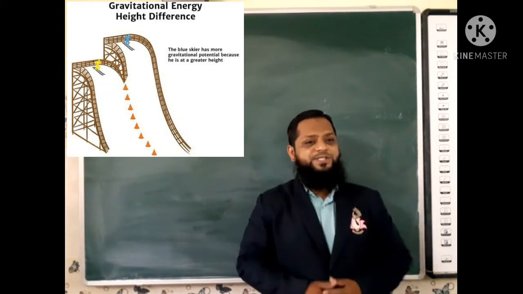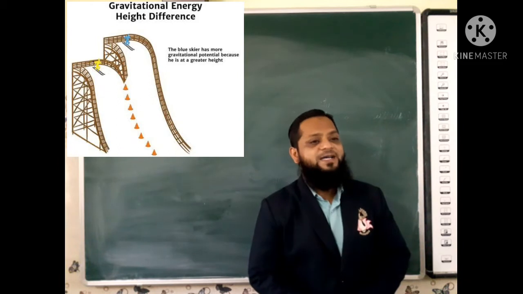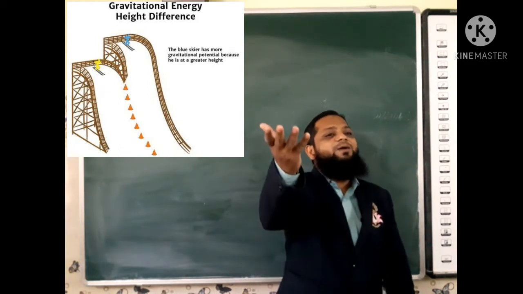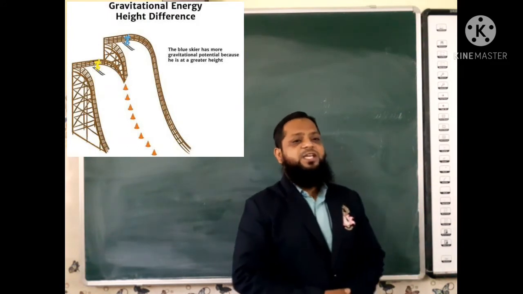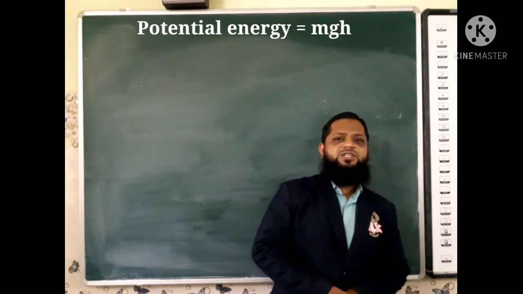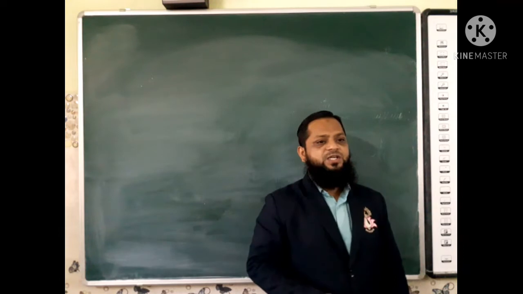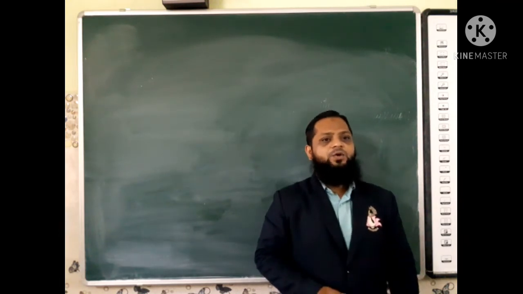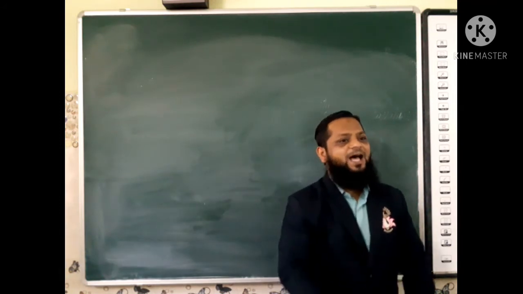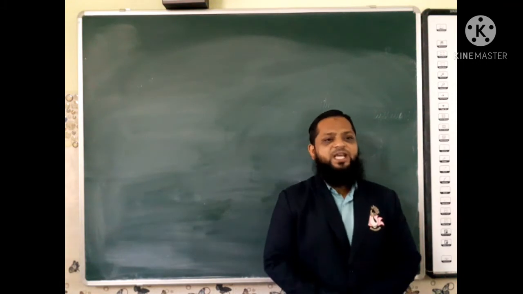We already assumed that the potential energy of an object of mass m at a height h from the ground is nothing but mgh. Dear children, h is small compared to the radius R of the earth, so we can assume that g is constant and we can use the formula mgh.